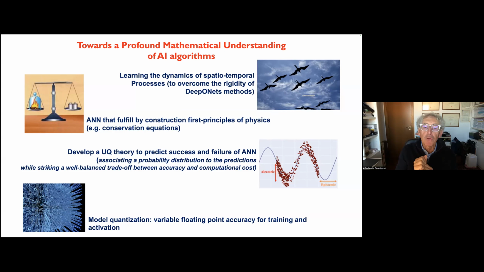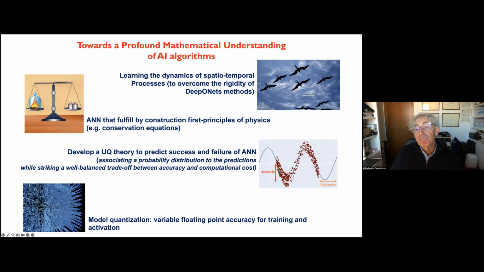For instance, if I have to approximate the density of a fluid, how can I guarantee that my artificial neural network will provide me a positive density, just to make an example? Or using uncertainty quantification to predict the success or the failure of the artificial neural network, and again, model quantization using variable floating point accuracy for training and activation.